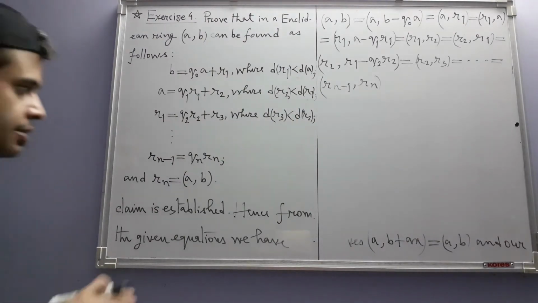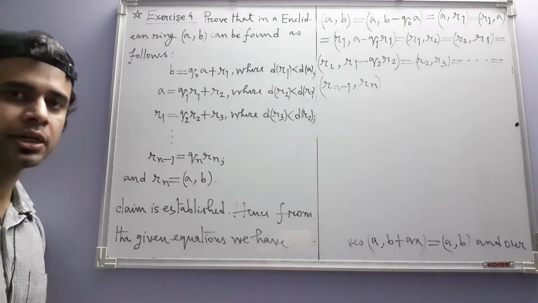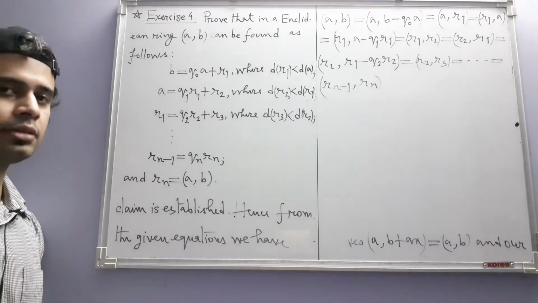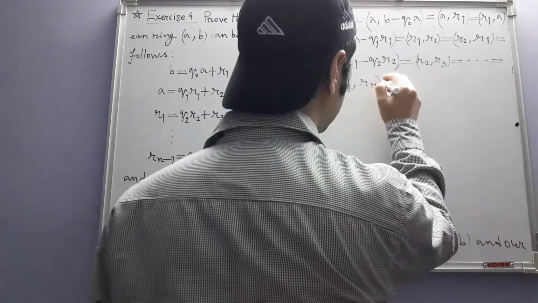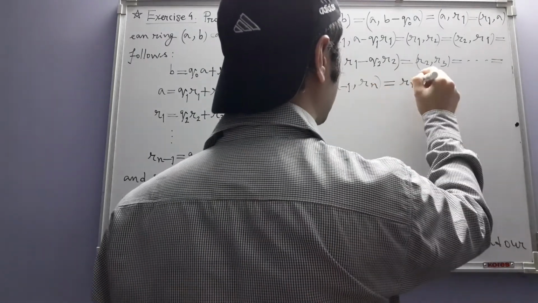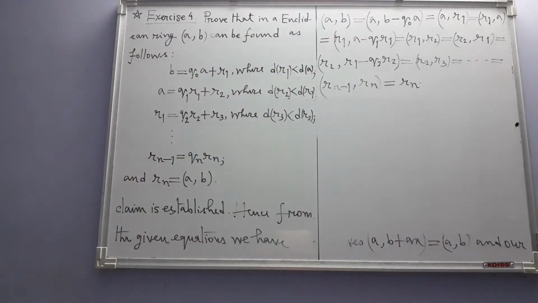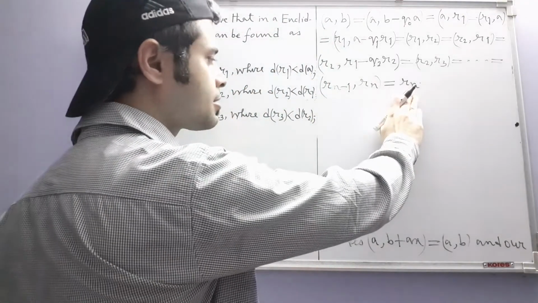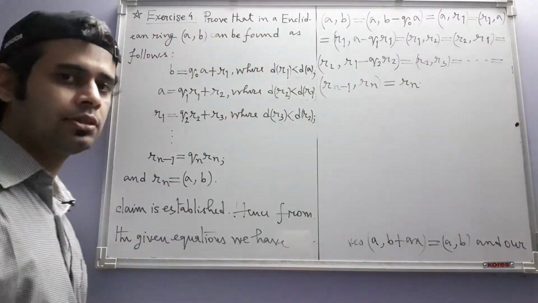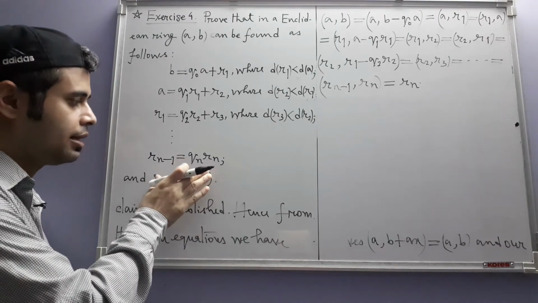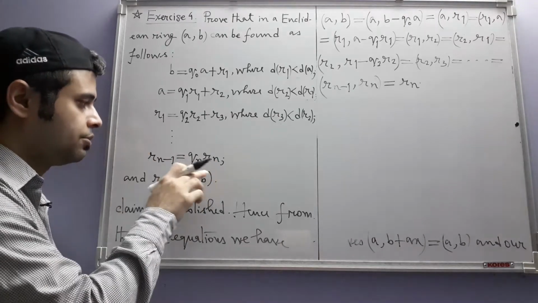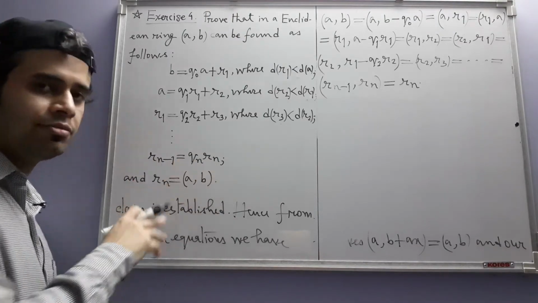Now since Rn divides Rn minus 1, Rn itself is a GCD of Rn and Rn minus 1. If you are confused about this last part of these equations, then go back to the definition of GCD, and in that definition consider these two elements and also use the fact that Rn is dividing Rn minus 1.